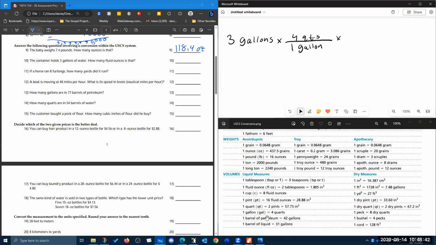And 1 quart is 2 pints. And 1 pint is 16 fluid ounces.